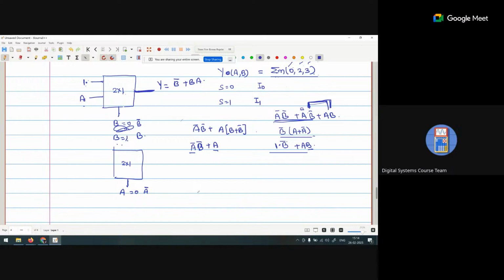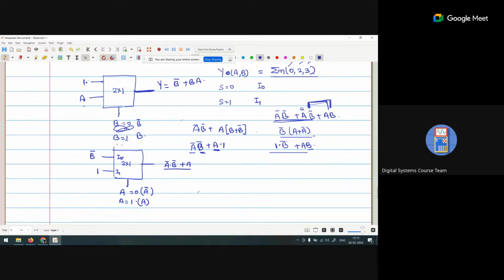Okay, now if A bar, which input is selected? I0 as the output. So what is the value of I0? This is B bar. So we are getting A bar B bar. Okay, when A is 1, that means it becomes A. Now if it becomes A, it multiplies with 1. So what is the value of I1? It is 1.